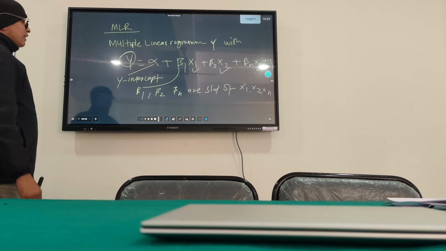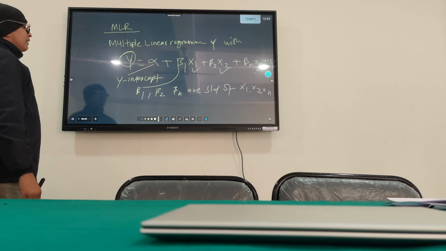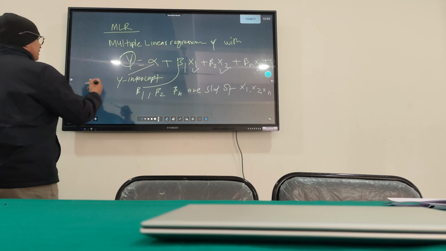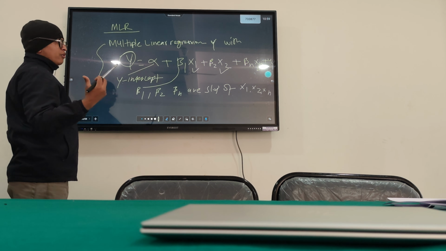Now there is the actual MLR estimation, where we have a sample. The earlier one is actually for the ideal population, just a formula.